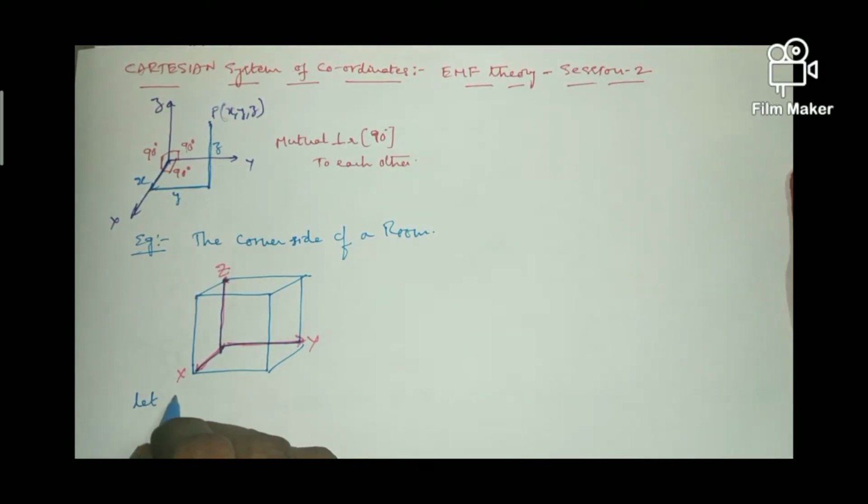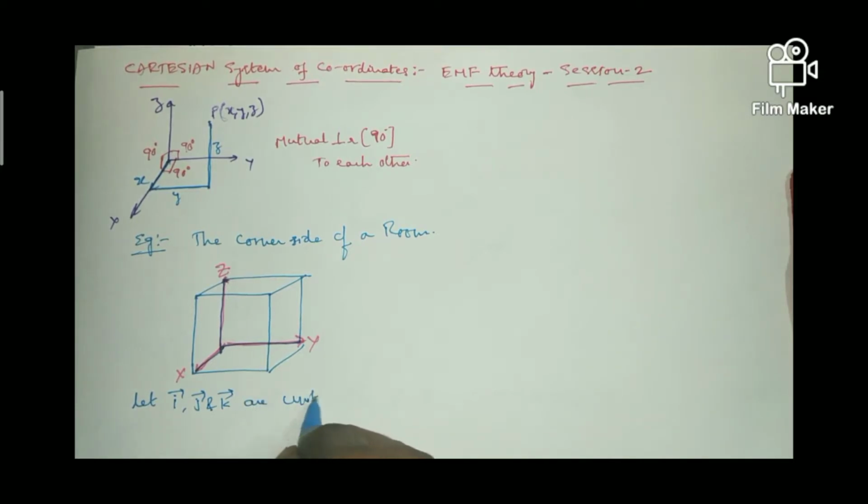Let i bar, j bar and k bar be the unit vectors along x, y and z axis respectively.